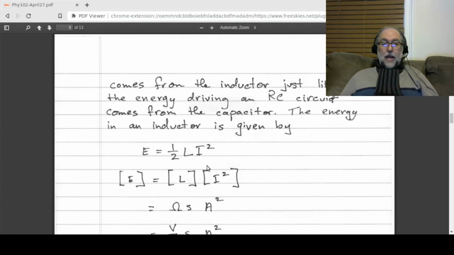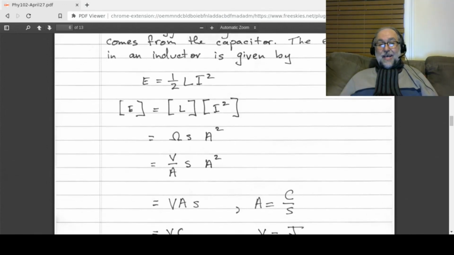I'm going to show you at least that the units work out. The units here have to be the units of inductance and the units of current squared. The unit of inductance is a Henry, but a Henry can be written as an ohm second. The units of current are amps, squared, so an amp squared.